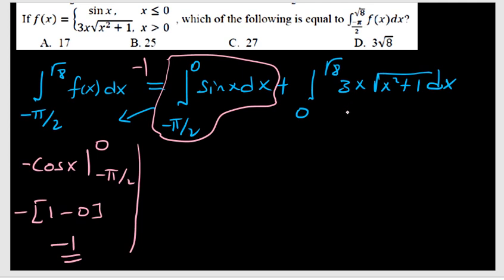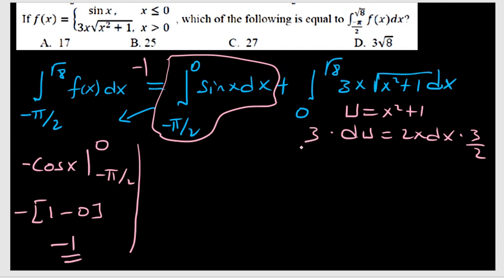The second part, you can apply substitution. Here we can take u as x squared plus 1. When you differentiate, du is equal to 2x dx. But we need 3x dx, so we can multiply by 3 over 2 both sides. When I multiply by 3 over 2, the 2 cancels, and 3x dx remains. This side, I will have 3 over 2 du.